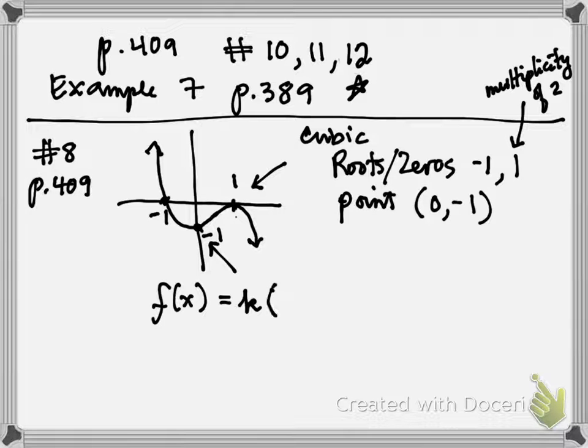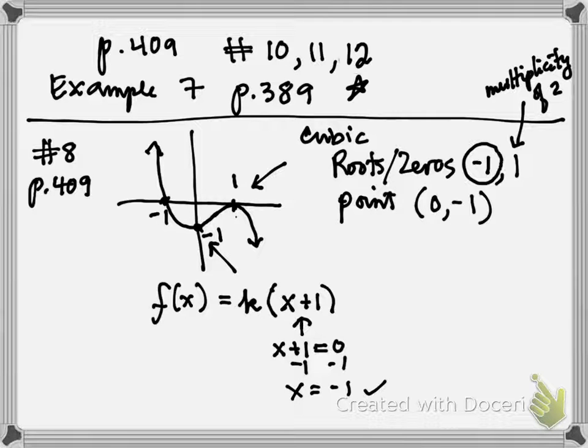Okay, so now let's write down the zeros. So for the -1, my factor here will be x plus 1. Why x plus 1? Because if I equate this x plus 1 to 0, I'm going to get x equals -1, which is one of my zeros here, right? Okay, so it's like we're working backwards. If this is a factor of my polynomial, then I equate this to 0, and I get x equals -1, and that is my root, which I see here, right?